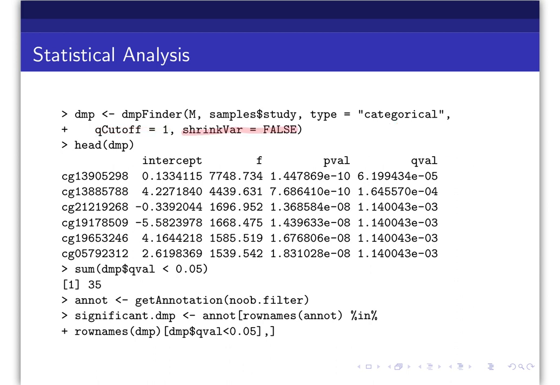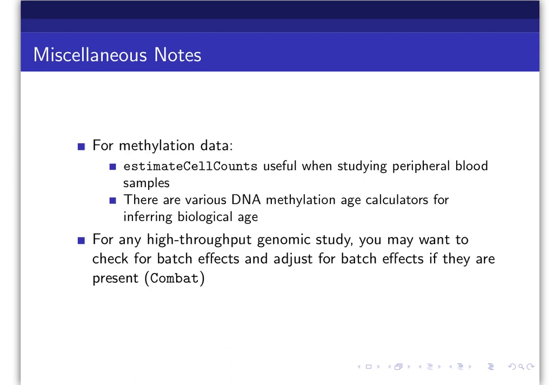And shrinkVar is a logical parameter indicating whether or not shrinkage should be used for the variance. In this analysis, 35 CpG sites were significant using an FDR less than 0.05. The getAnnotation function can then be used to look up information associated with these differentially methylated positions.